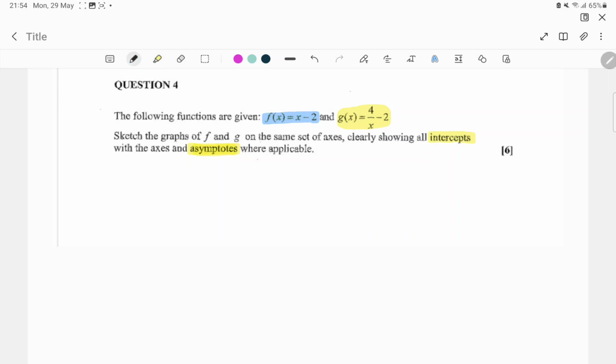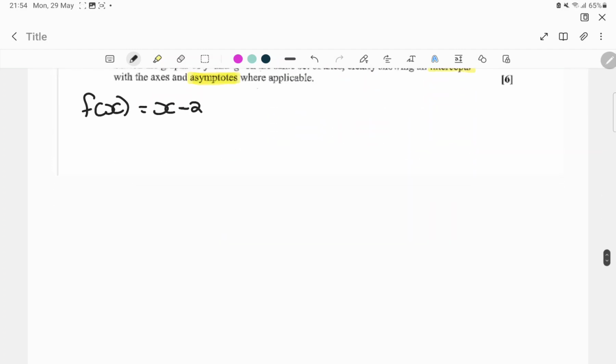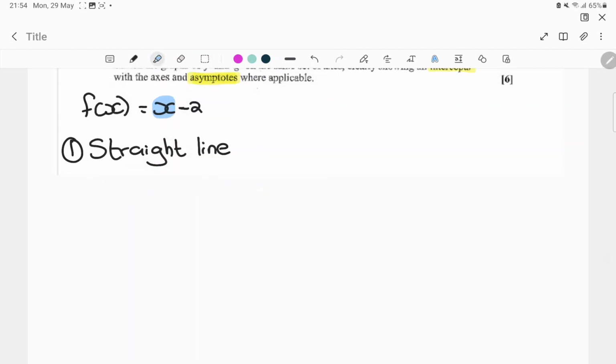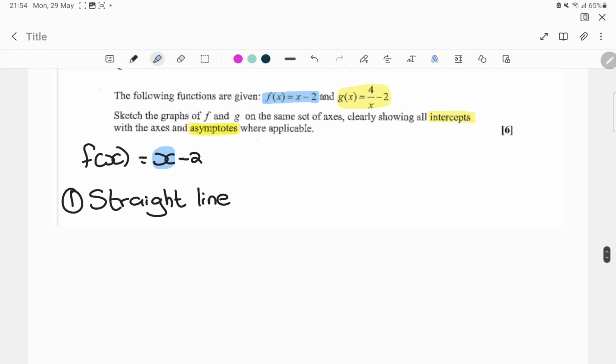Alright, so let's start with f of x first. The first thing you need to know is what type of graph you are busy with. The type of graph I am busy with is a straight line. How do I know? Well, the fact that there is only a normal x, no exponents, no fancy fractions.